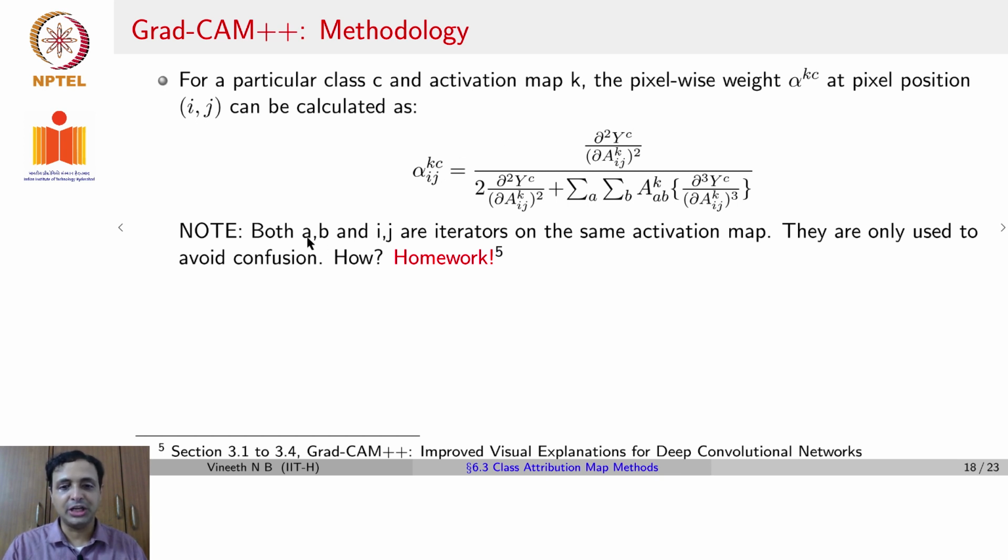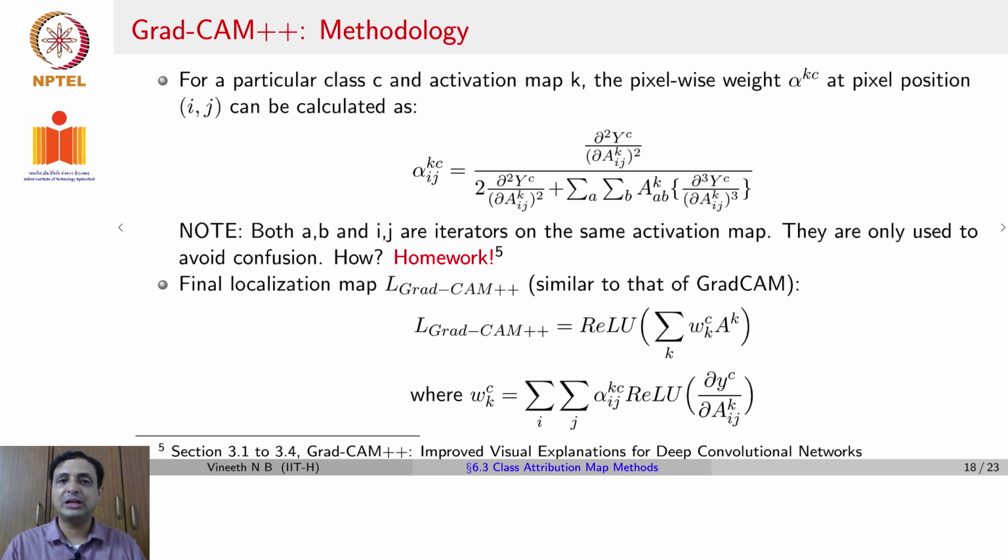Both A, B and i, j here are iterators on the same activation map, and you can go ahead and look at the paper for Grad-CAM++ to understand how this derivation is done. But once this derivation is done, the rest of it stays very similar to Grad-CAM. In Grad-CAM++, you still do a ReLU at the end of summation over k, wck ak, where wck is given by summation over i, summation over j, alpha ijkc, ReLU of dou yc by dou aijk.